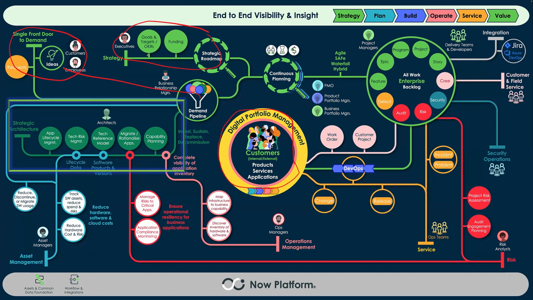Continuous planning takes the strategic roadmap and ideas, combines it with the requested needs, and formulates activities. We decide to build things. However you build it, it's up to you. We support visibility into practically all forms of it. Then we deliver these things. While these things are running, we understand risk, security, audits, defects coming back.